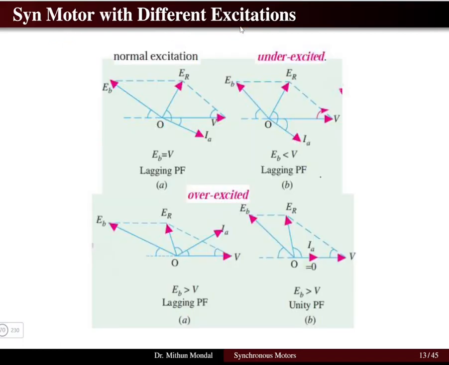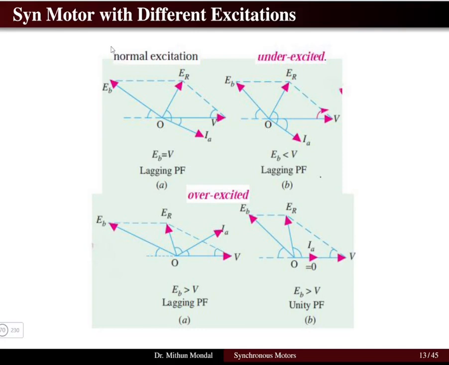Now we will see what will happen if the synchronous motor especially is operating with different excitations. We know that a synchronous motor has the tendency to operate at different excitations, which is not possible in the case of the induction motor. In case of the induction motor, it operates only under the lagging power factor condition.